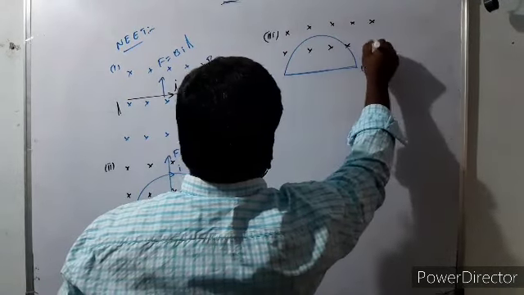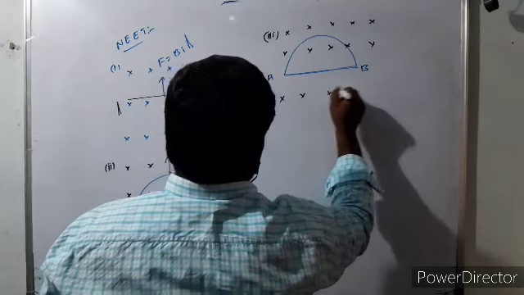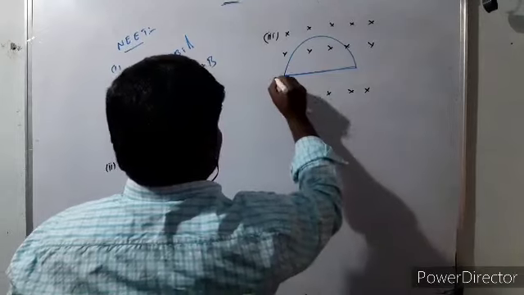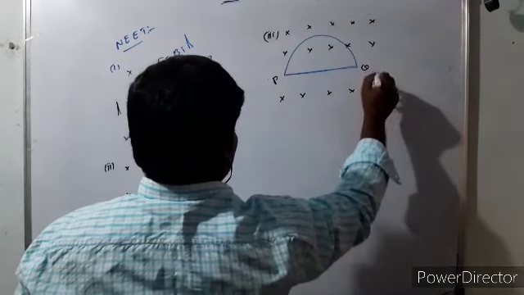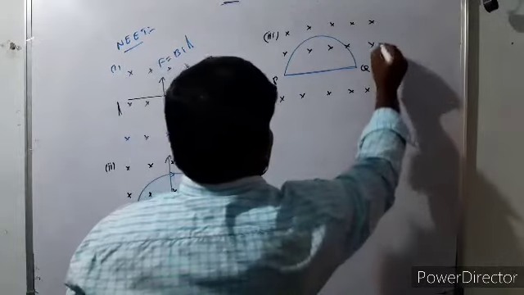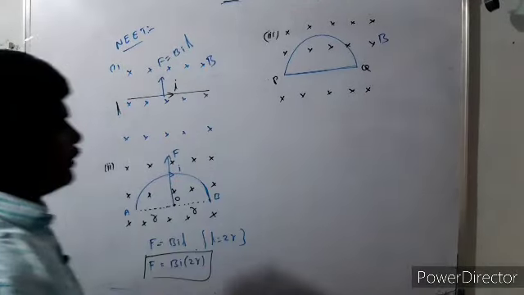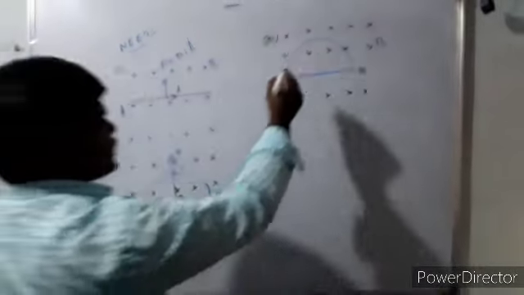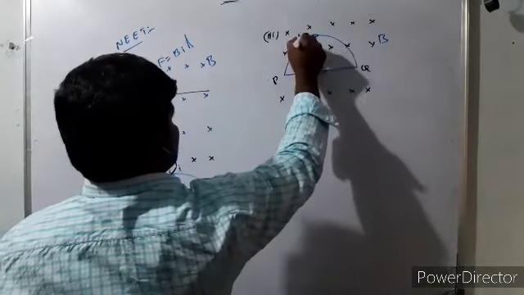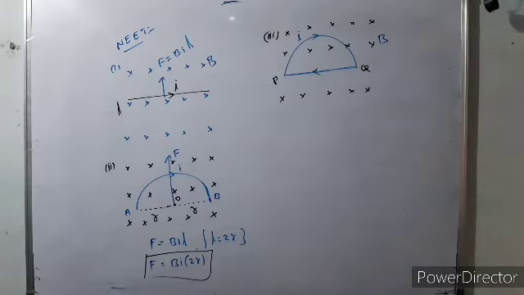Here A and B are the end points. Otherwise, to avoid confusion, let us call them P and Q. The magnetic field is capital B, perpendicular to the plane. Now it is carrying current I amperes like this. What is the force on this conductor?